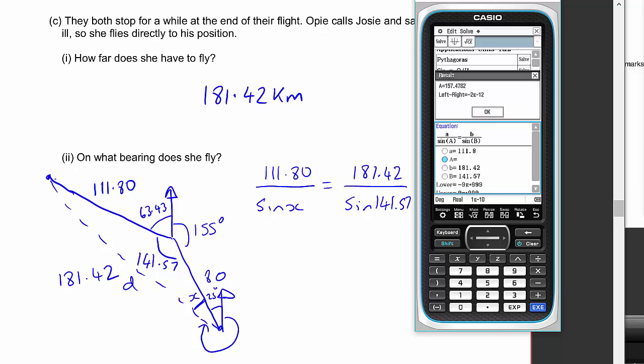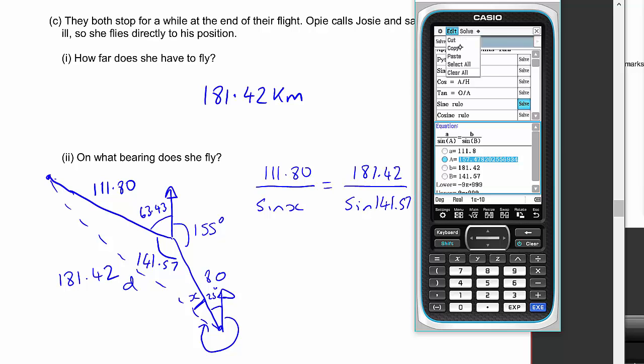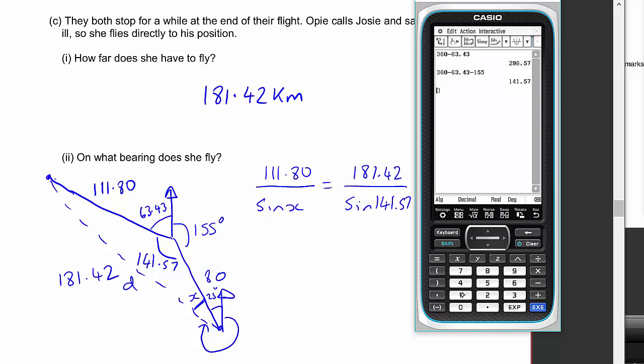Now clearly it's not that. It's not 157.4782. So what I'm going to do is I'm going to copy that. I'm going to go to main, and I'm going to do 180, take away the thing I just copied, and that gives me 22.52. So this angle in here is 22.52.